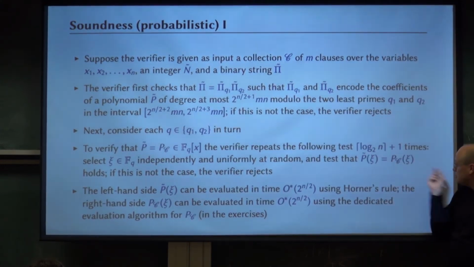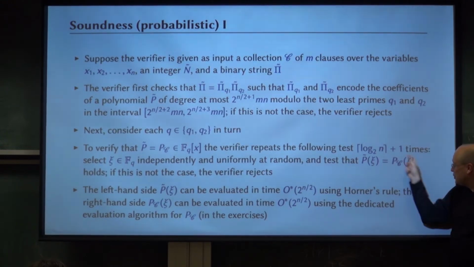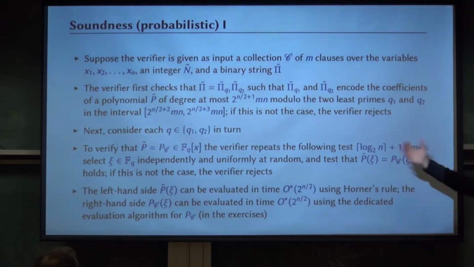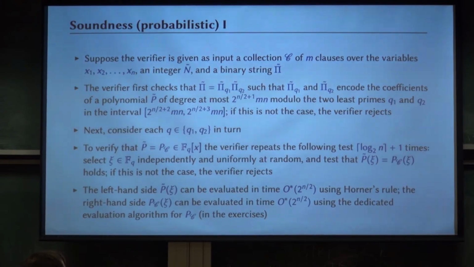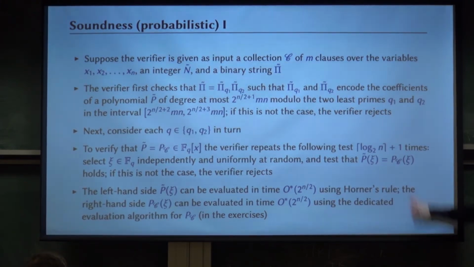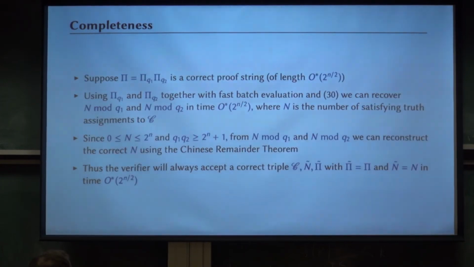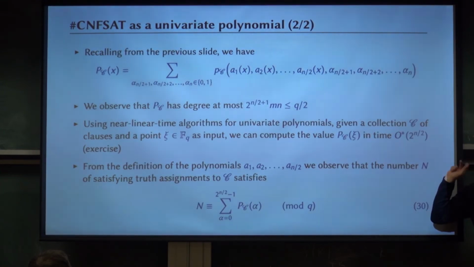So how about the right-hand side? We are supposed to evaluate the correct polynomial. As it turns out, since we are verifying a proof, we have access to the problem instance, so we have access to the clauses and whatnot. And remember, we had this evaluation algorithm. Let's go back a couple of slides. What were the properties of the evaluation algorithm, whose details I, in an evil way, left as an exercise to you?